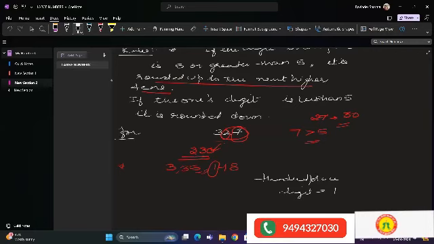Kindly unmute yourself. Yes, ma'am. Is it less than 5 or not? Yes, ma'am. This is less than 5. So when it is less than 5, it is rounding down. It means you will not increase the 10,000 place digit or 1,000 place digit.